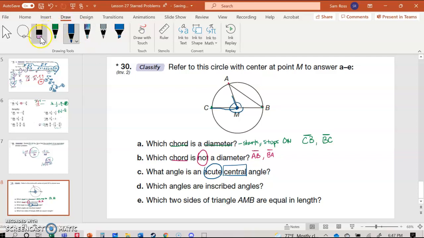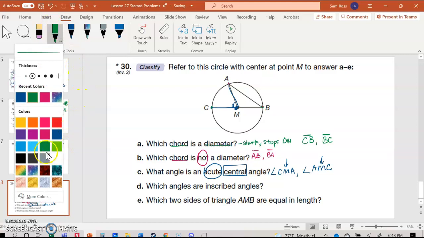The only one that is acute is this one. So I have angle CMA. M has to be in the middle because that's the point of the whole thing here. Or you could say angle AMC, as long as M is in the center.